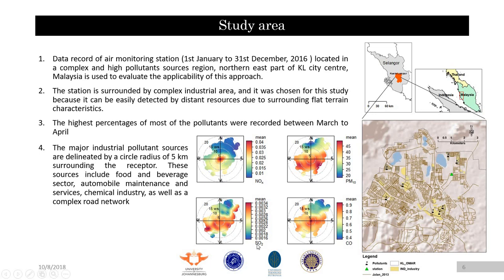So we can see too much SO2 is coming from the south and also from the southwest and the northeast, and it's coming also with the PM10. But as you notice here, there is no indicator of where those pollutants are coming from, especially with the CO.